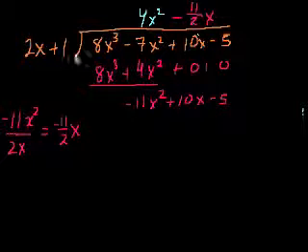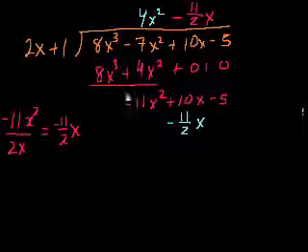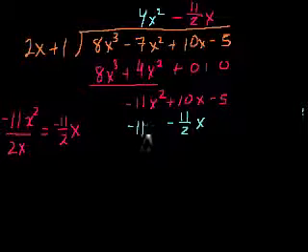And then minus 11 halves x times 2x. Well, we should know what that is, but if you multiply them out, it'll be minus 11x squared. Minus 11x squared. And I think you see what we're doing. After every step, we're canceling out the largest degree of the polynomial we're dividing into.